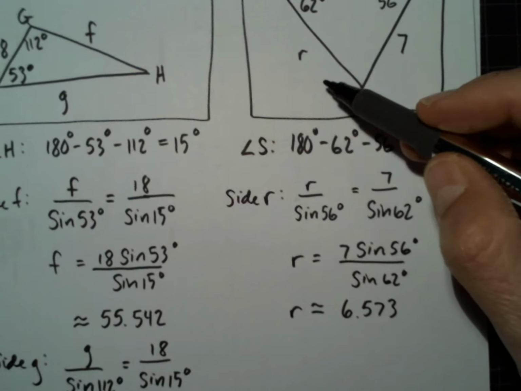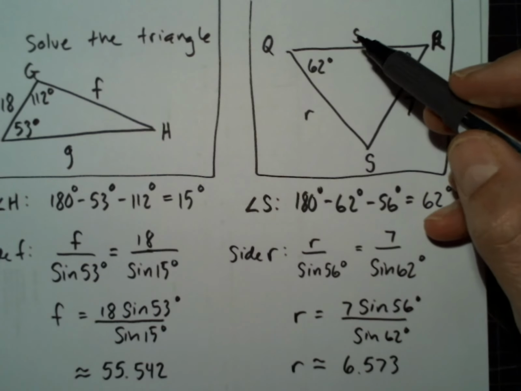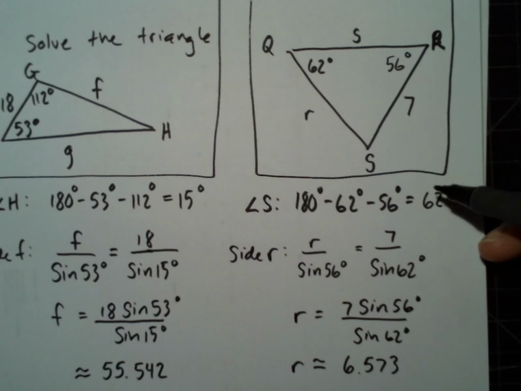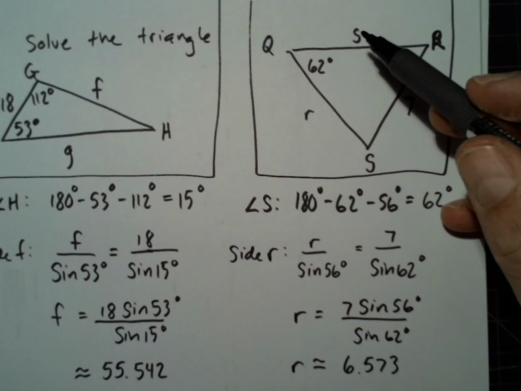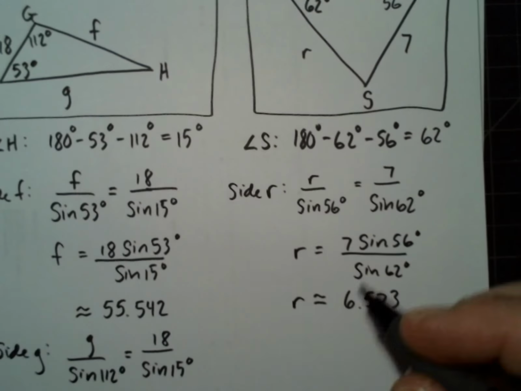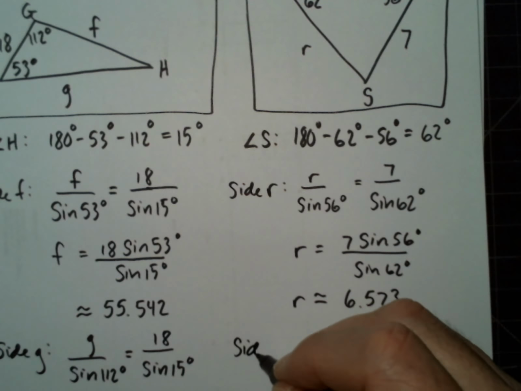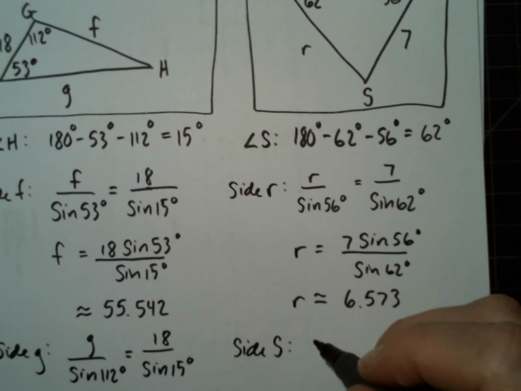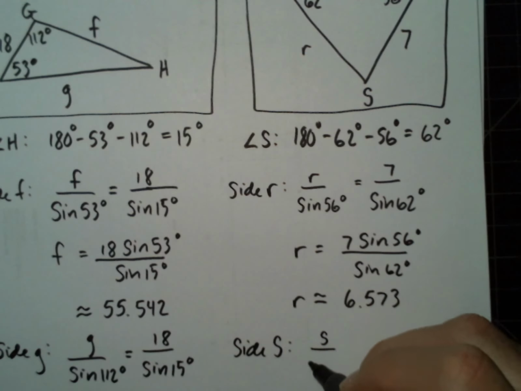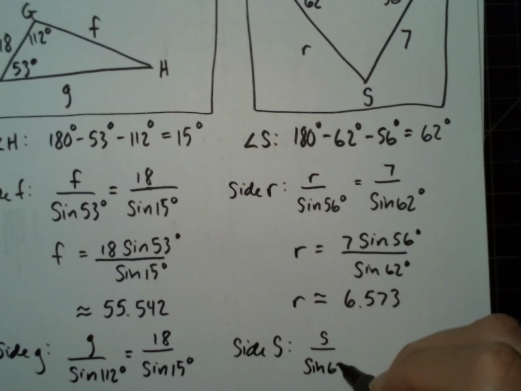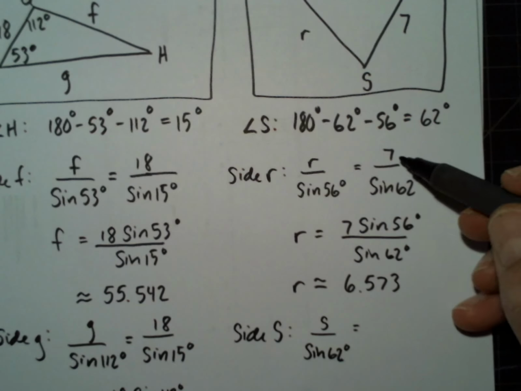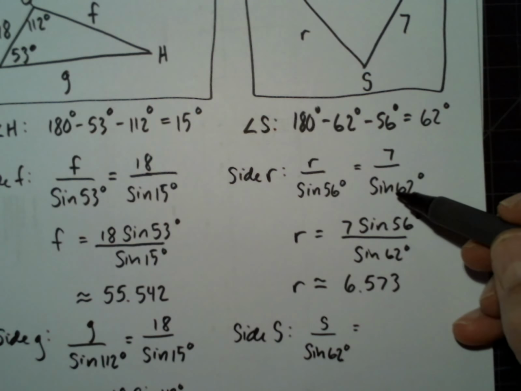So we know side R. Let's find side S, which is opposite of angle S, which is 62. So we're going to go S over sine 62, and let's keep using the same ratio we used before, 7 over sine 62.